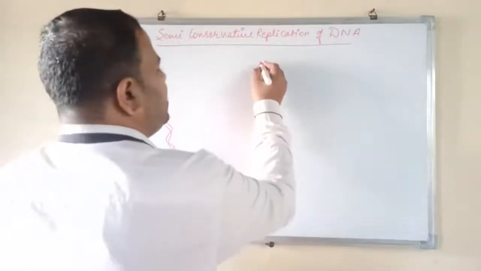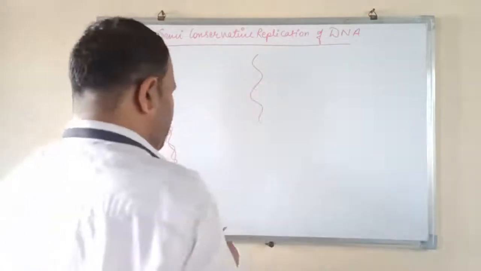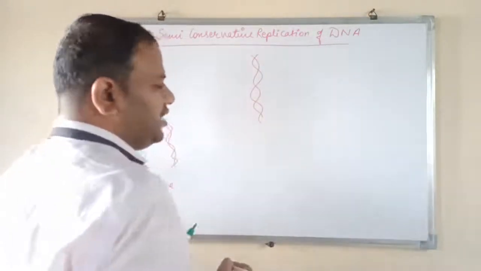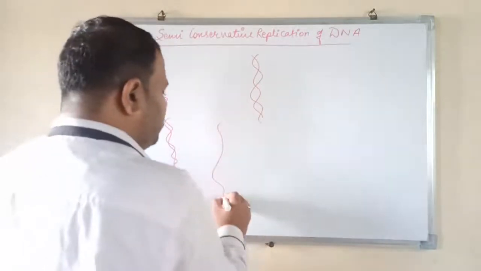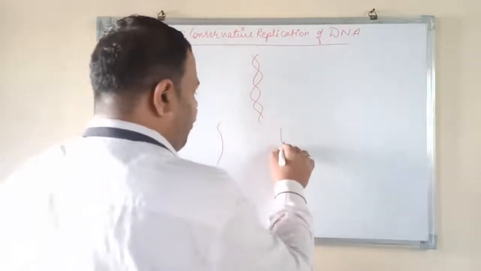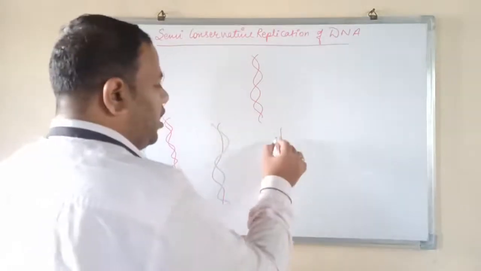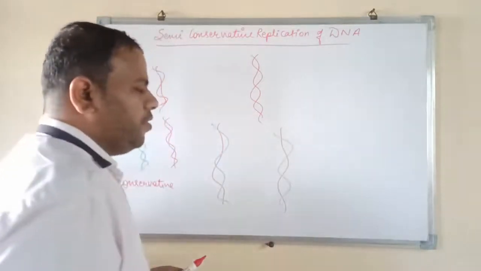Now let's see what the semi-conservative mode of replication is. Here you can see this is the parent DNA, suppose. Then the two organisms that are formed here will have each strand of the parent DNA and a new strand of the offspring will be formed.